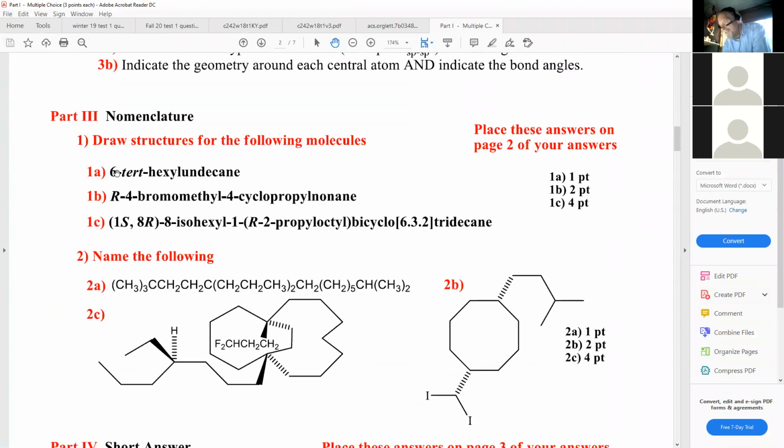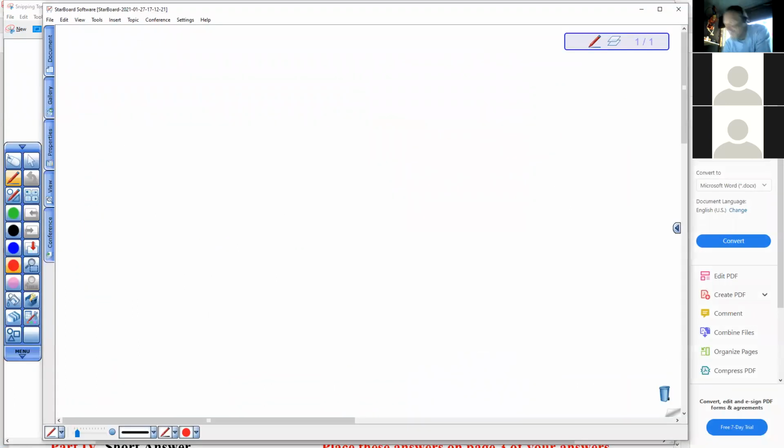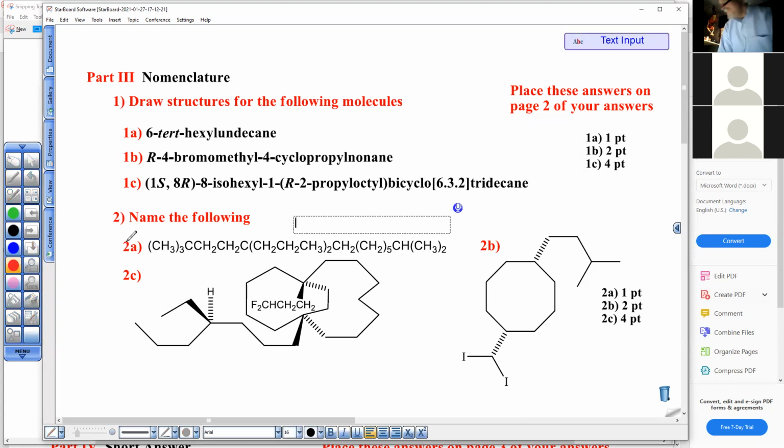Why don't we just take it from the top? We can grab the whole thing and just do parts.